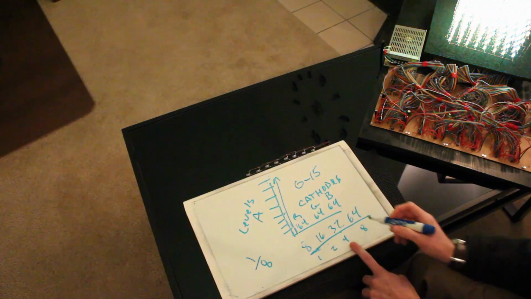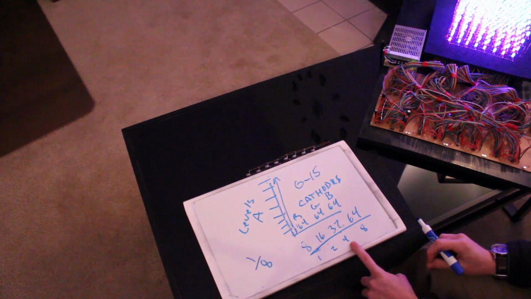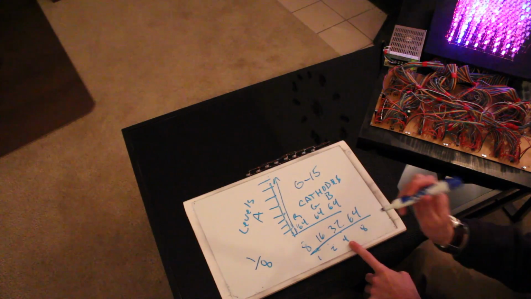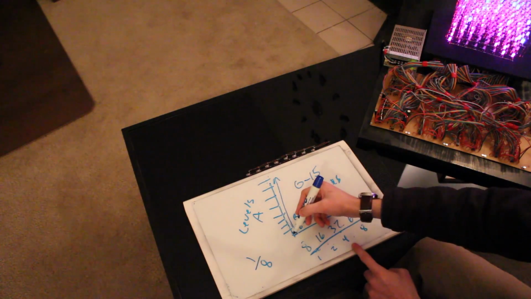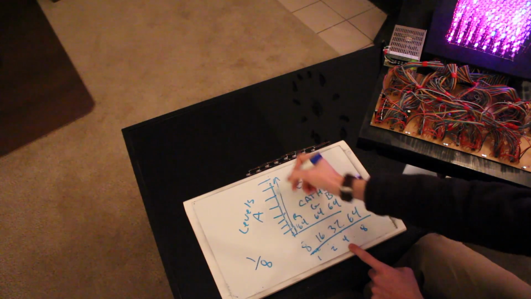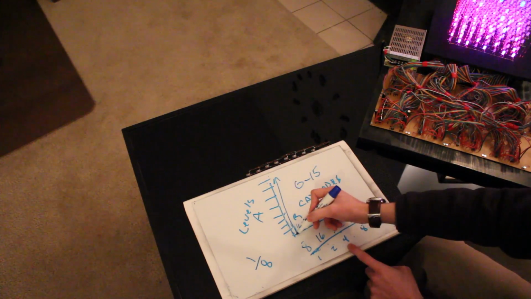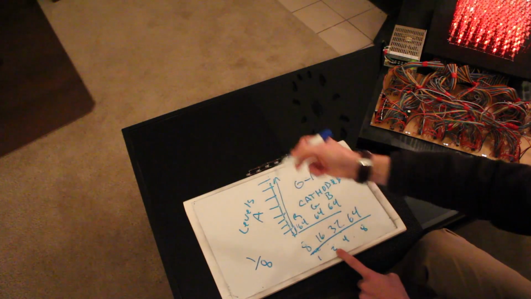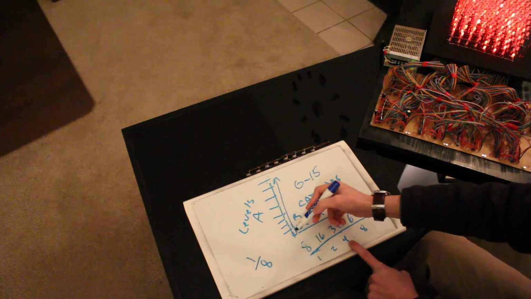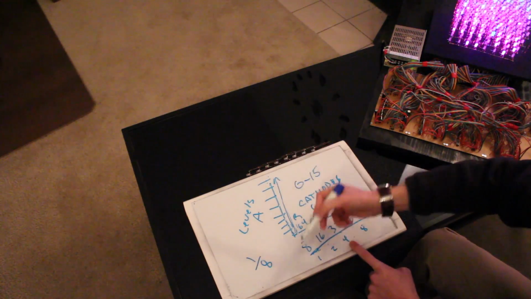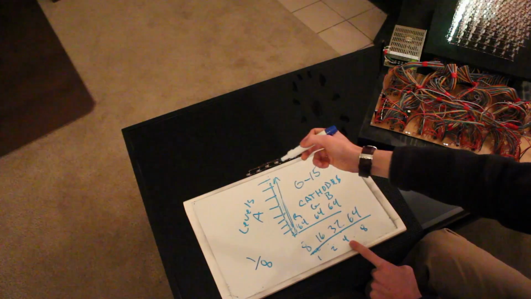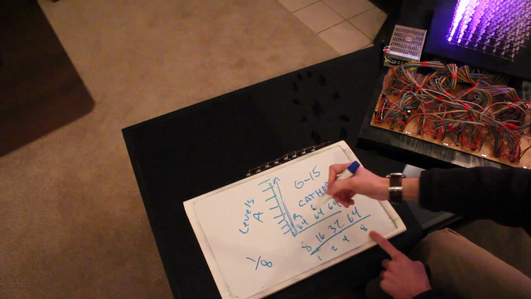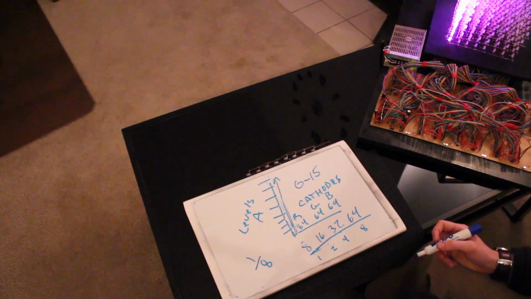So if I wrote a 4 to the brightness of one of our LEDs here, it would be off for the first roll through, and then it would be off for the next 2 roll throughs, and then it would be on for 4 roll throughs in a row, and then it would be off for the rest, which would be the next 8 roll throughs. Okay, that's bit angle modulation. That's how it works. That's how the LED cube works.